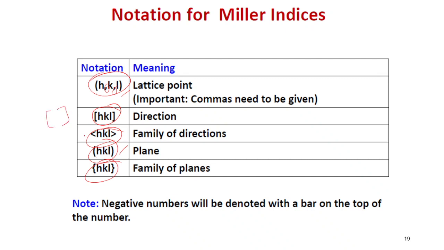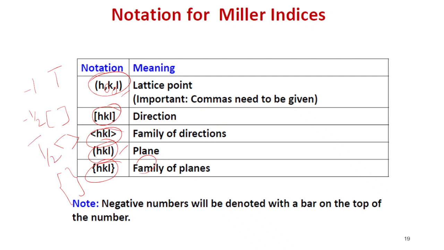If it's a family of directions, you will have the greater than and less than symbols. And if it's a family of planes, you will have this curly bracket, right? In case there are any negative numbers, say 1 minus 1 or minus half, we will not have a minus in front of the numbers, as that will cause confusion. Instead, we will have a bar on top.